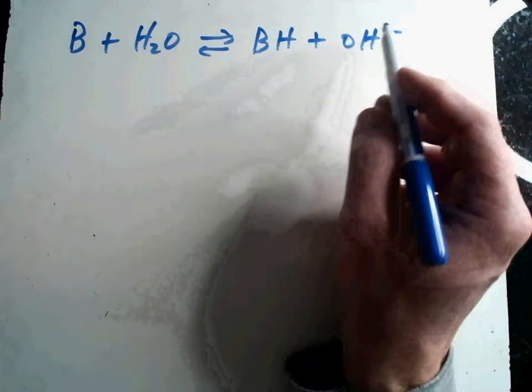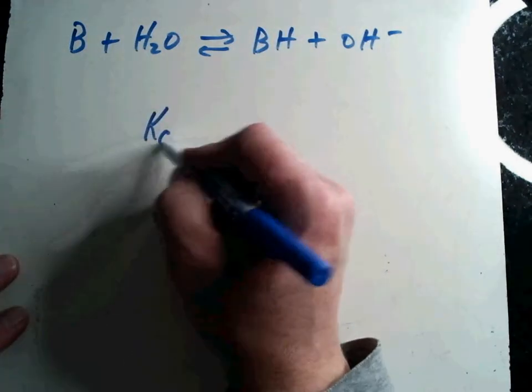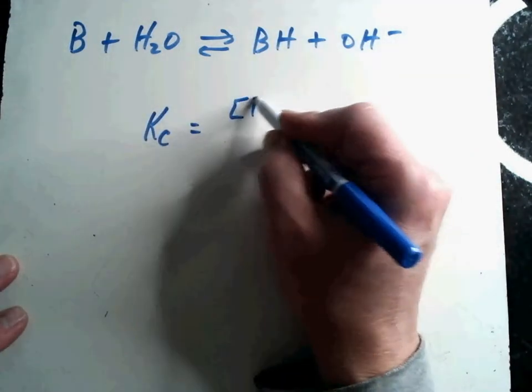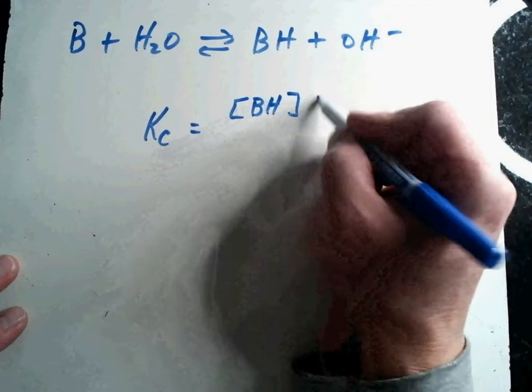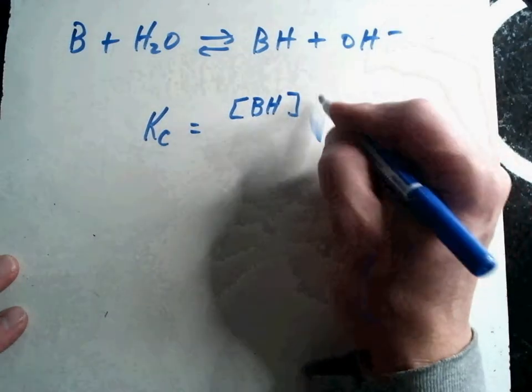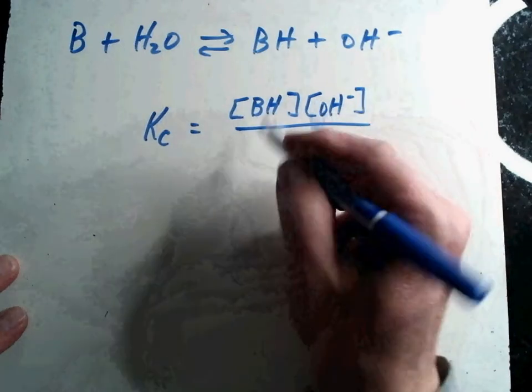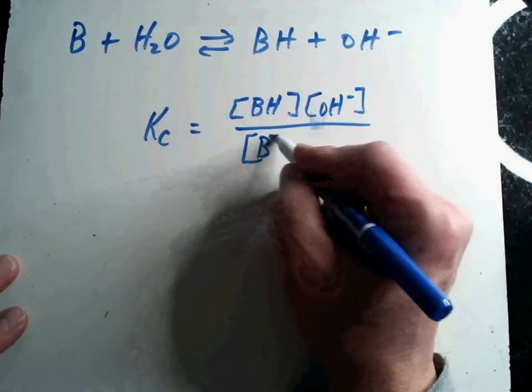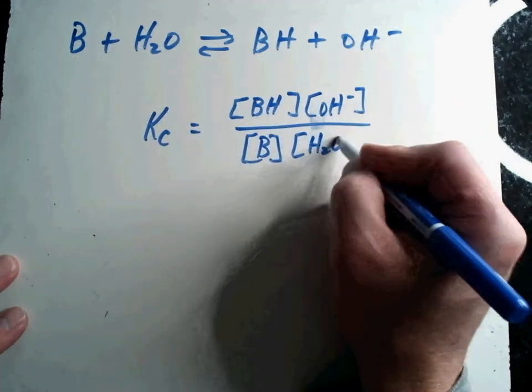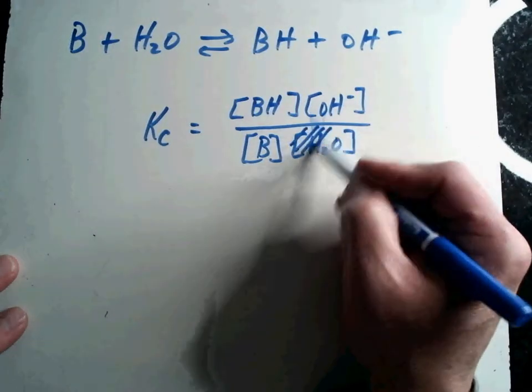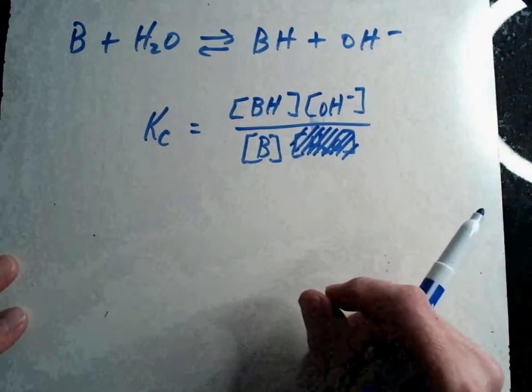So if I do what I've done before, Kc is equal to your products over your reactants. And from what we said in the last one, it's true here too, we ignore the water, okay?